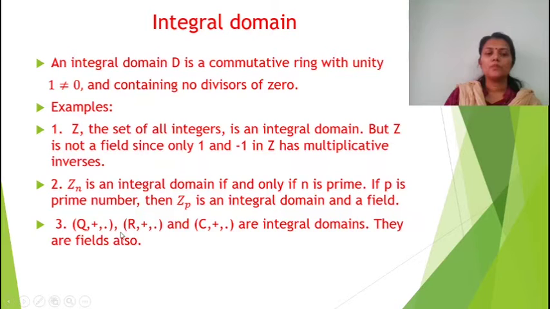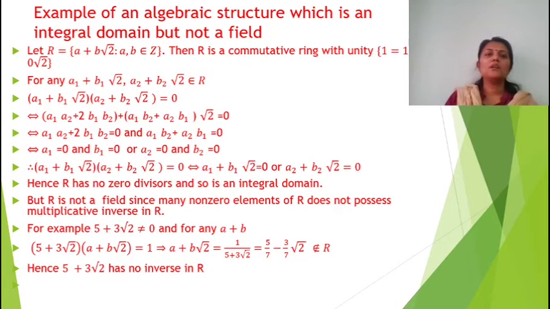Also, Q, R and C, the sets of rational numbers, real numbers and complex numbers with addition and multiplication as operations, are all integral domains. They are fields also. Now, we have one more example, an algebraic structure which is an integral domain but not a field. We have already seen that Z, the usual integers with addition and multiplication, is an integral domain but not a field. Here is one more example.